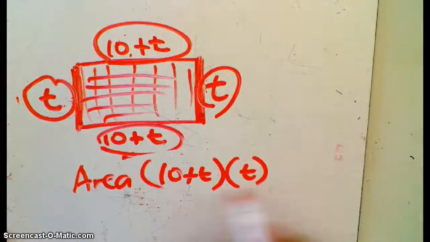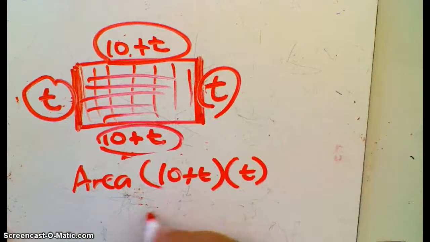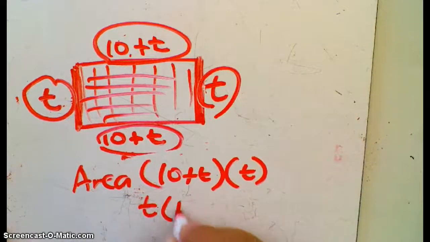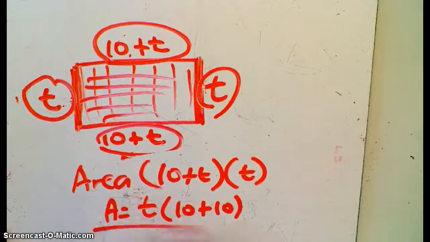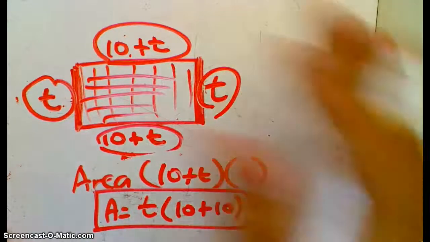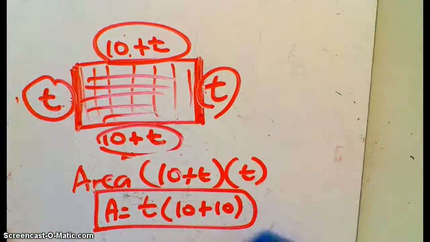Now I could just leave it, but we don't need that many parentheses, we only need a pair: t times (10 plus t), and that will be the area. This is just an introduction. I'm not solving a particular problem, but I just want to let you know that that's how we're going to work whenever we have a geometry problem.